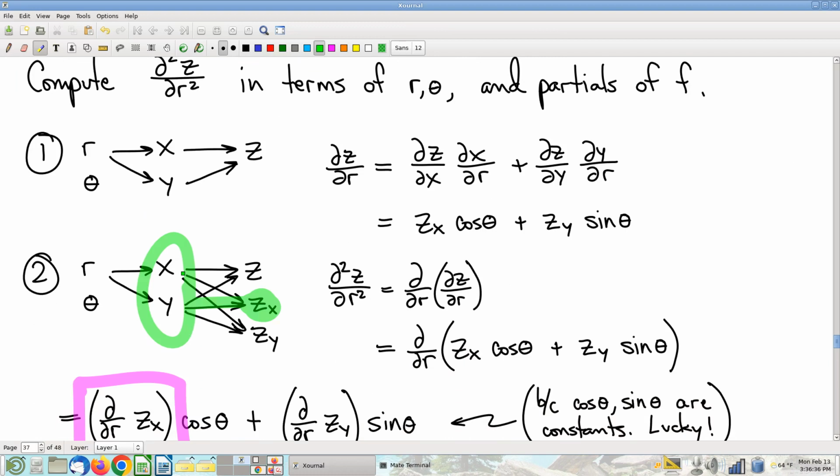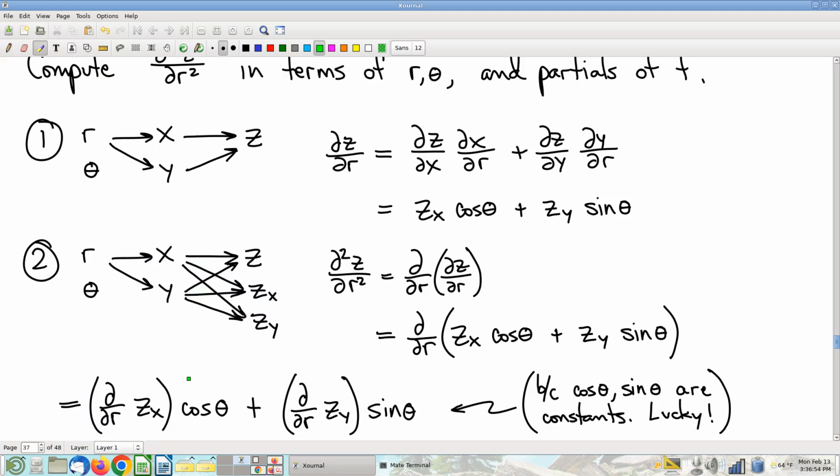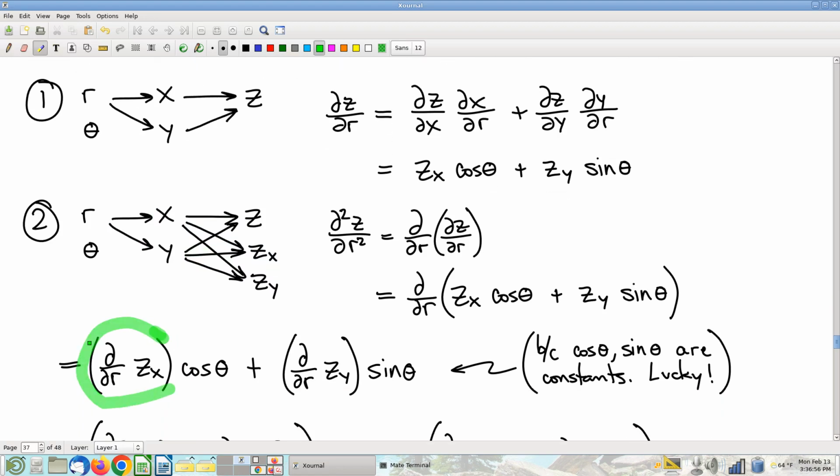So not only is z over here a function of x and y, but zx also, and ditto zy, also a function of x and y. Everybody on board with that? Honestly, this is most of the trick right there. It's just to recognize what is where when you find yourself looking at certain kinds of derivatives.